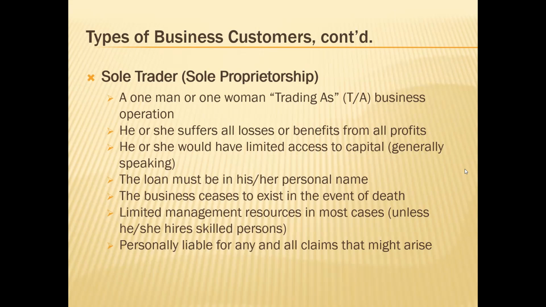Another term used is DBA, D as in dog, B as in boy, A as in apple. That stands for doing business as. Some financial institutions use trading as, and some use doing business as, DBA.